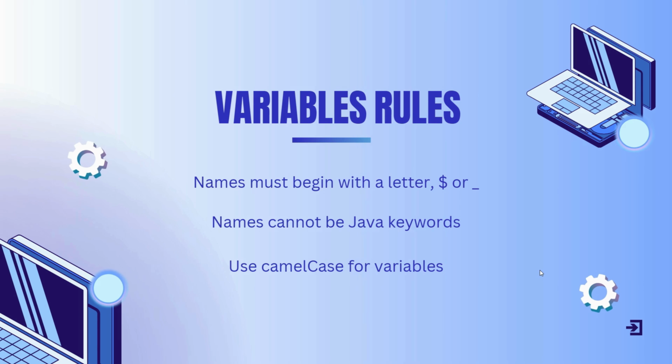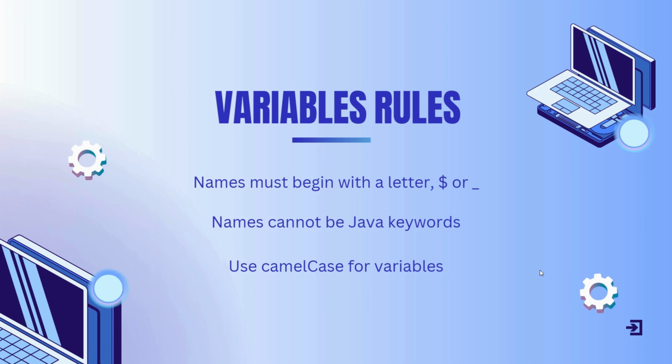It's a formal way to use camel case for variables, which means if it's two words, then the starting letter can be a small letter, and the next word's starting letter can be a capital letter. In that way, it will look nice.